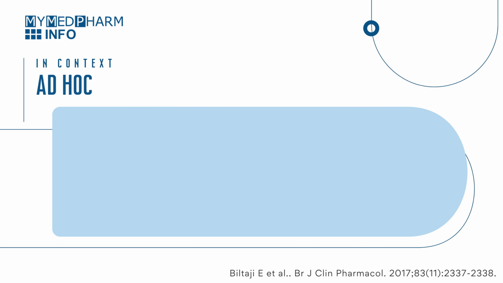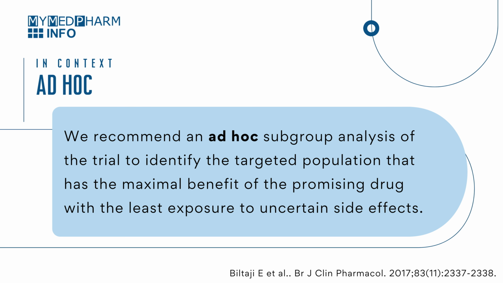Let's put these terms in context. Here is the first example. "We recommend an ad hoc subgroup analysis of the trial to identify the targeted population that has the maximal benefit of the promising drug with the least exposure to uncertain side effects."